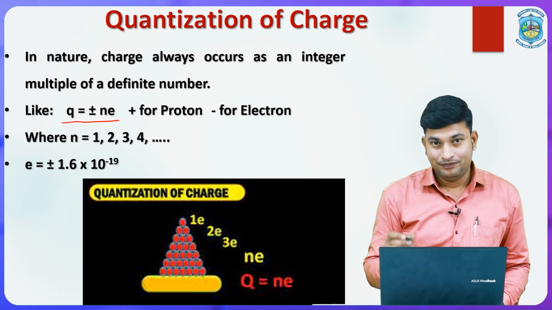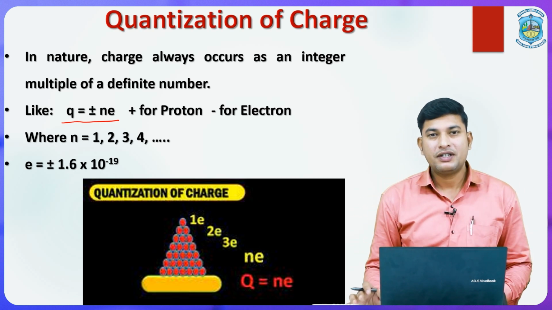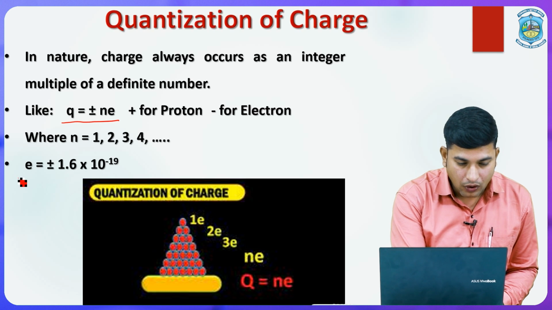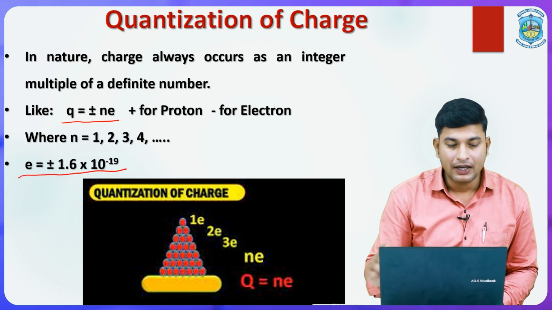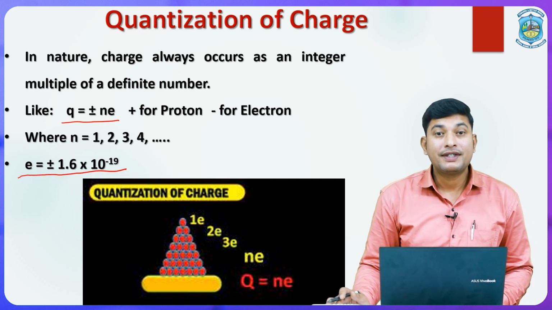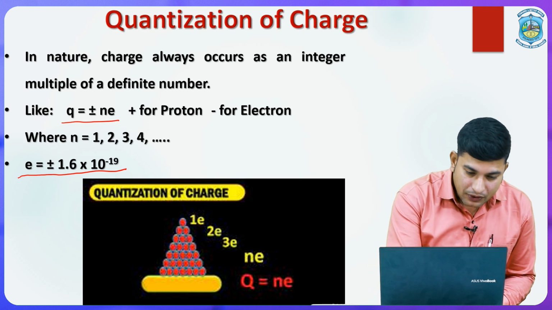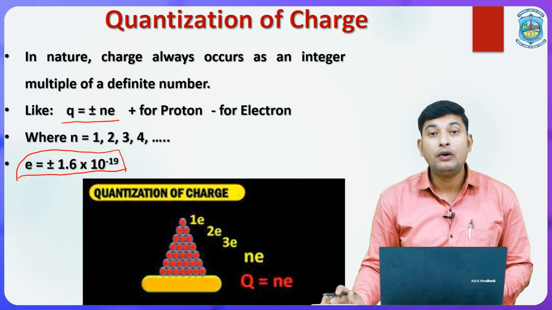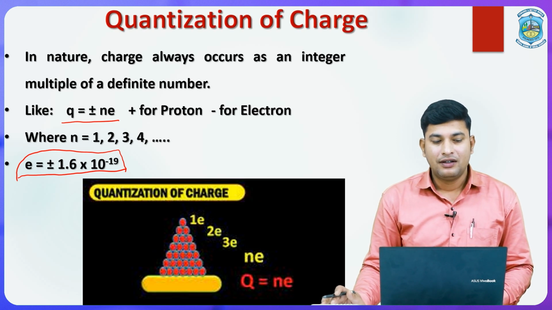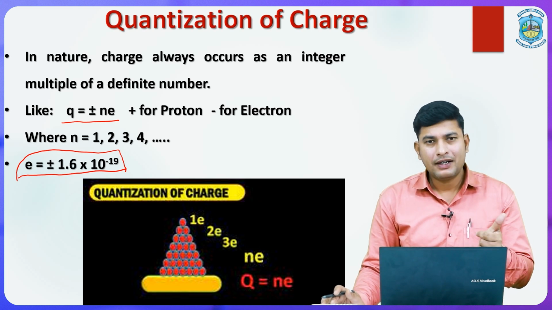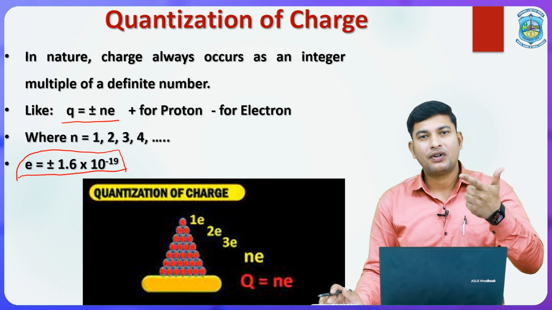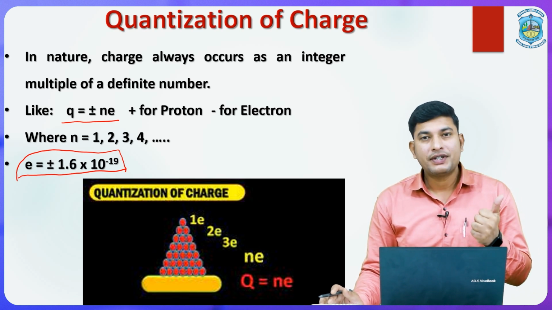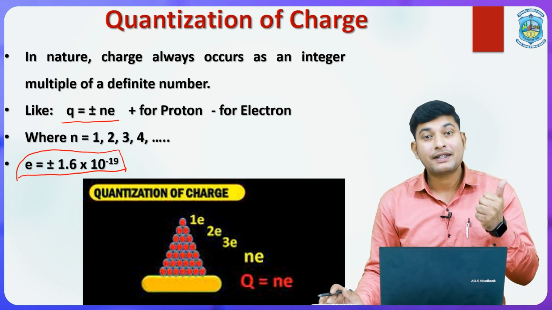And e, I am continuously saying, the magnitude of charge will be this: e is equal to 1.6 into 10 raised to the power -19. Remember this. This is the value of charge. And also plus minus: plus for the proton, minus for the electron. e is equal to plus minus 1.6 into 10 raised to the power -19.